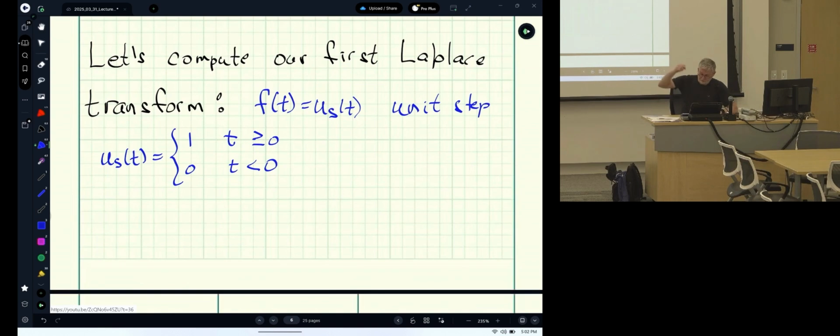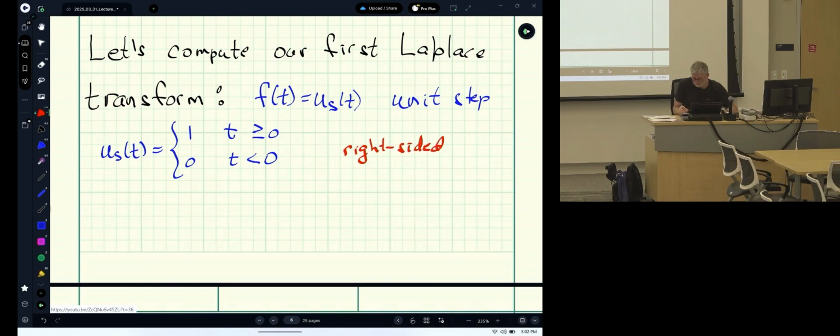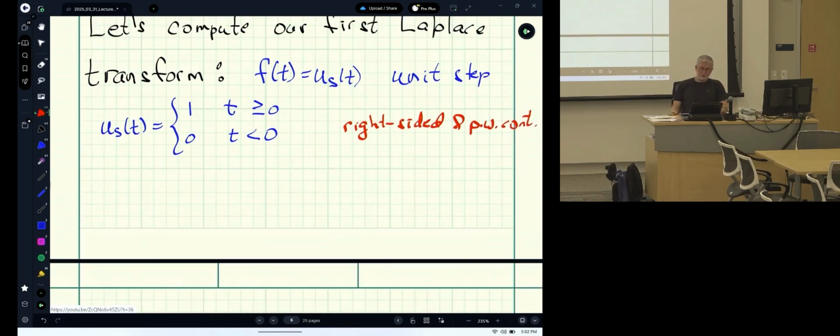You know, I could graph it, but it's just a 1, okay? So that part we can imagine, I think. So it's right-sided and piecewise continuous, so everything is cool. So if we put that puppy under an integral, we're not afraid of it. So let's get to work.